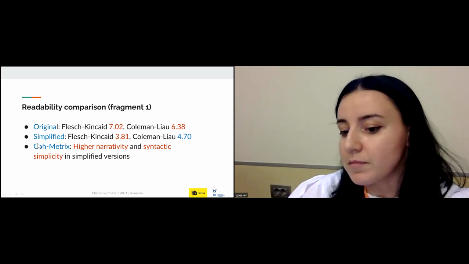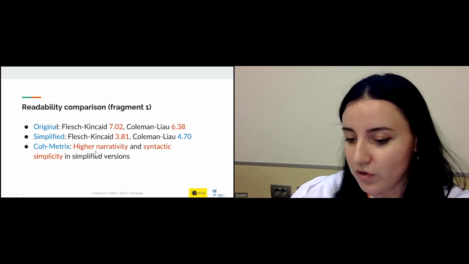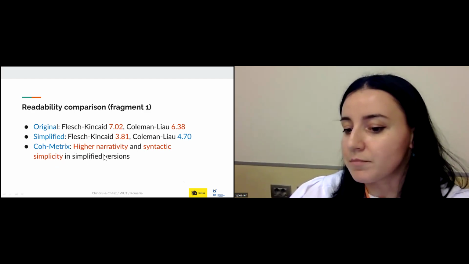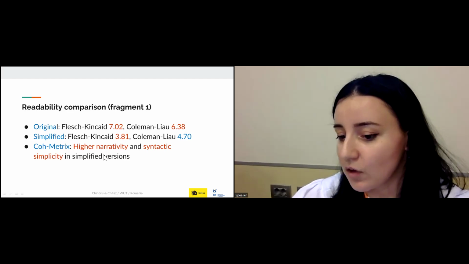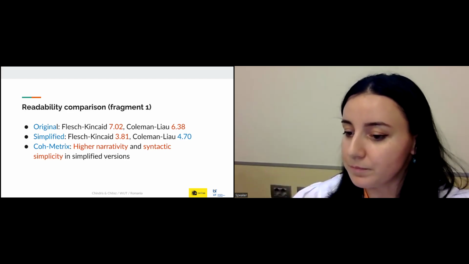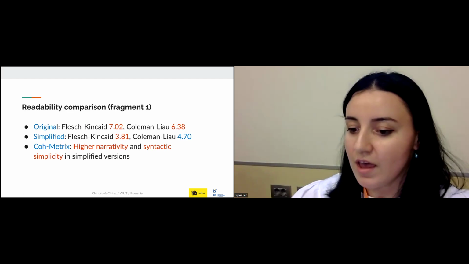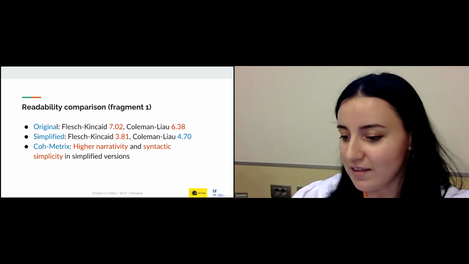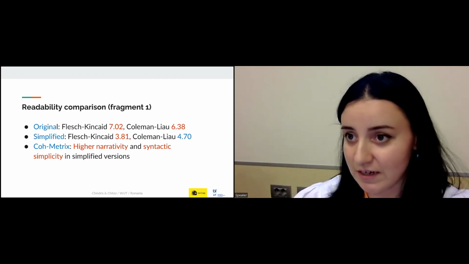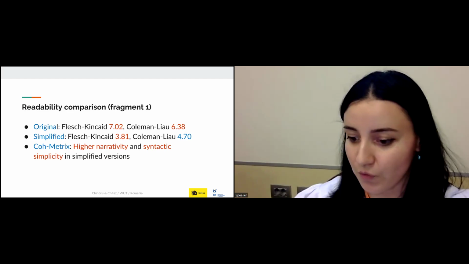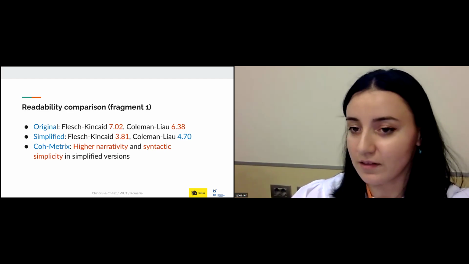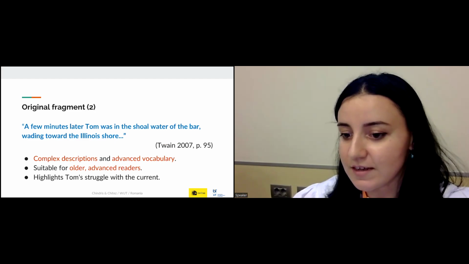And as far as Coh-Metrix is concerned, we can definitely conclude that the simplified version has a higher narrativity and syntactic simplicity, which makes it easier for readers to tackle the text.